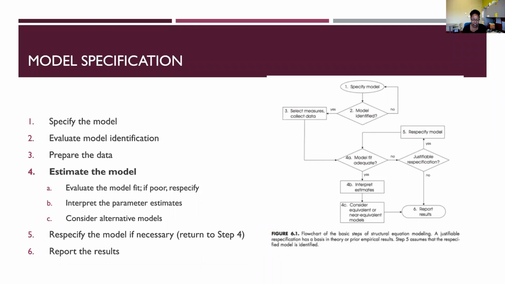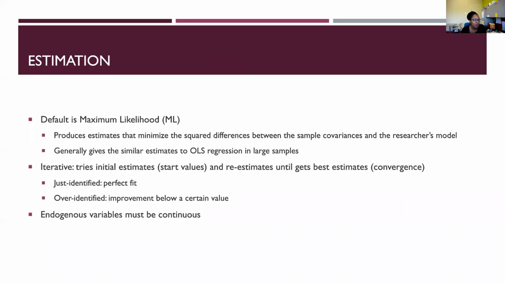Now let's actually get to estimating the model. So what's really happening when you click run on these models? Estimation is the process of finding values that make those equations work.